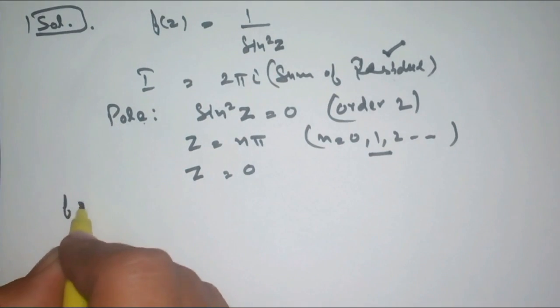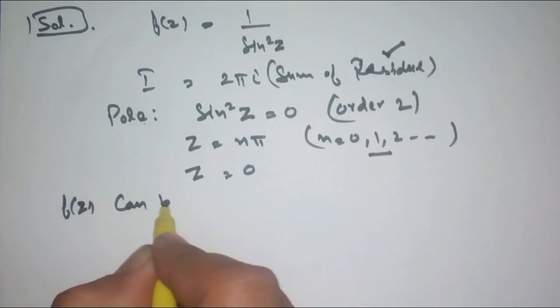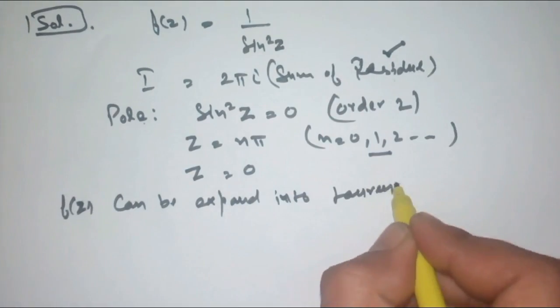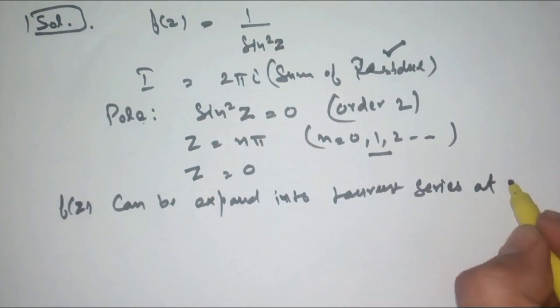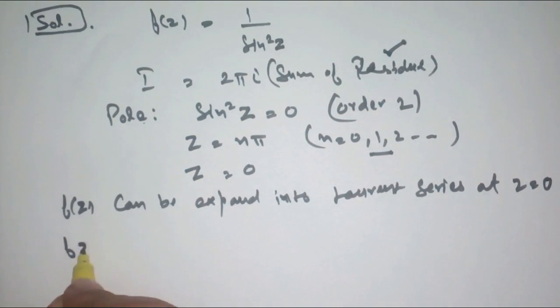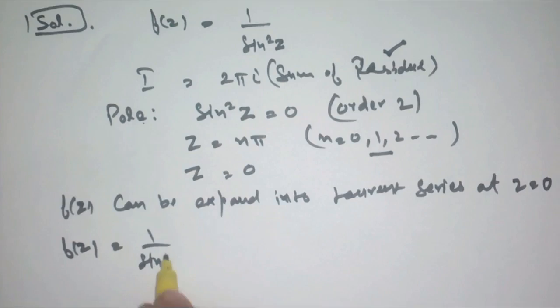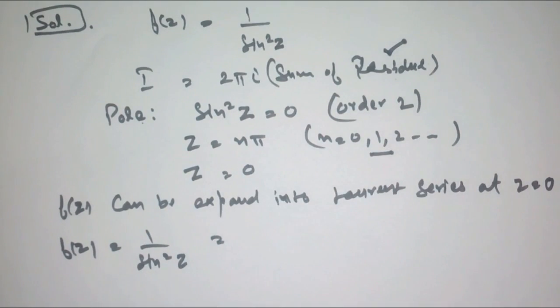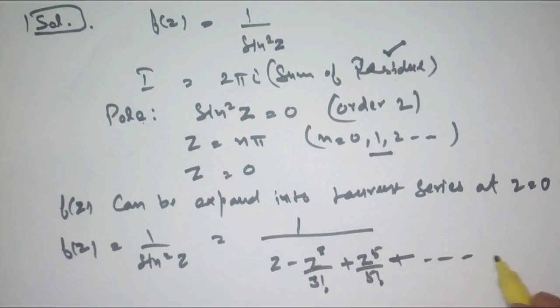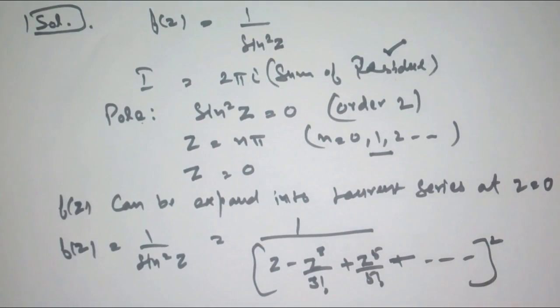Now here f(z) can be expanded into a Laurent series about z equal to 0. So f(z) is equal to 1 upon sine square z, which can be expanded as 1 upon z minus z cube upon 3 factorial plus z5 upon 5 factorial minus and so on, whole square.